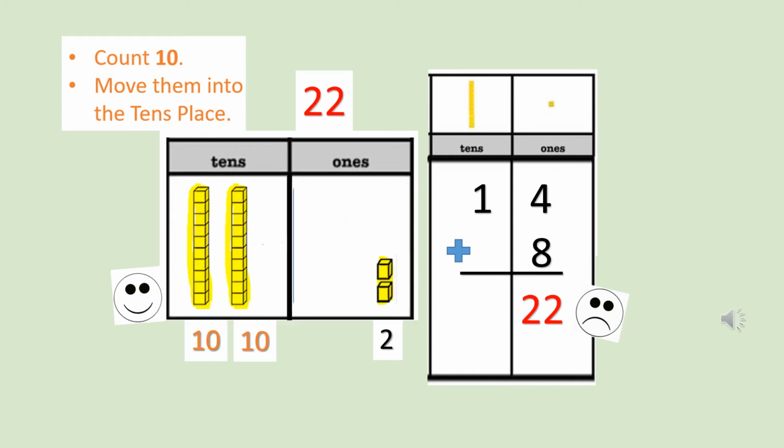So here's how the picture looks now. We have 2 10 sticks in the tens place, 10 plus 10, and we have 2 ones in the ones place. So that makes a happy picture. But when you go back and you look at the numbers, 14 plus 8, you see we need to do something about the answer 22. We cannot have 2 digits sitting in the ones place.